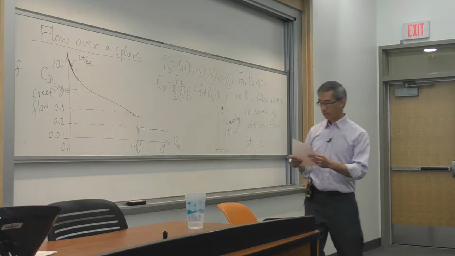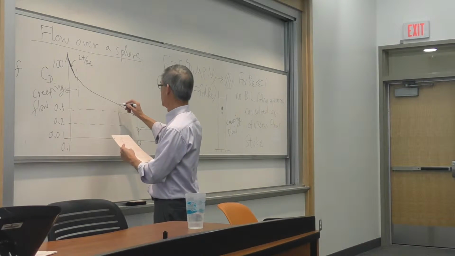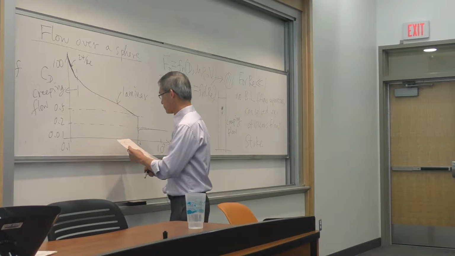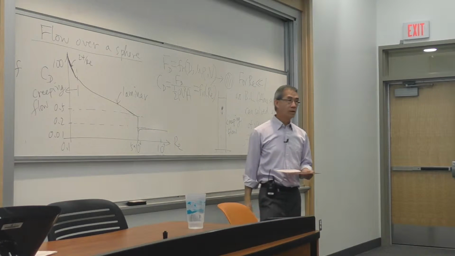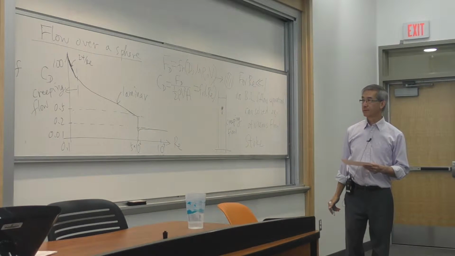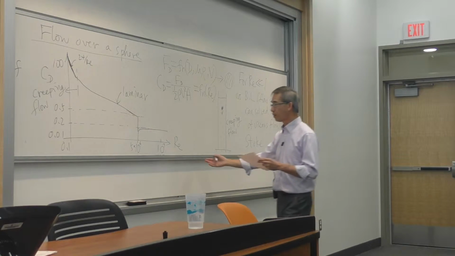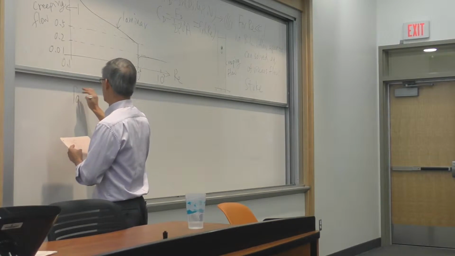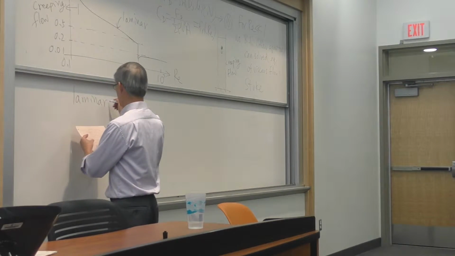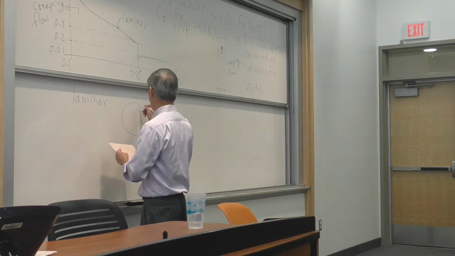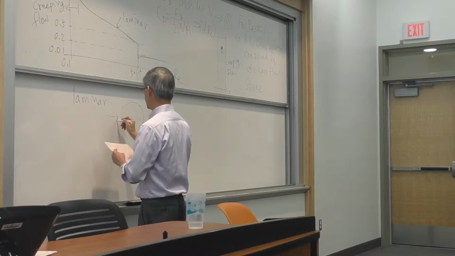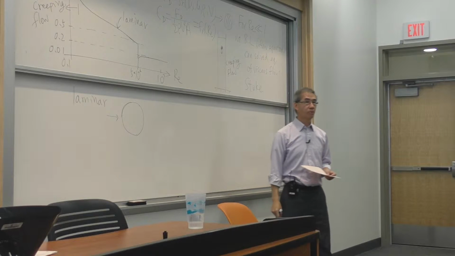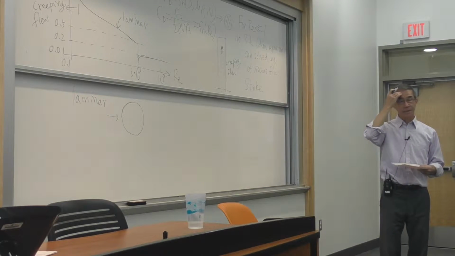Now let me fill in the more detail as to what I meant by all that. So in the region lower than 5 million, the boundary layer on the golf ball, by and large, is laminar in nature. What do I mean by that? So I have a golf ball where the flow is perpendicular to the axis.